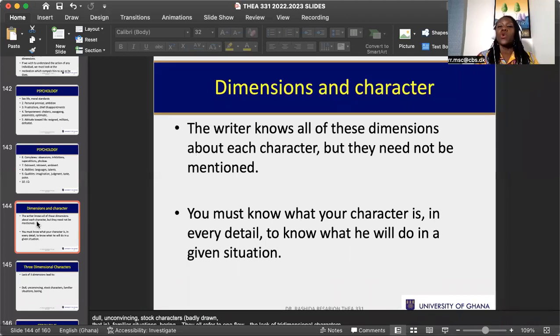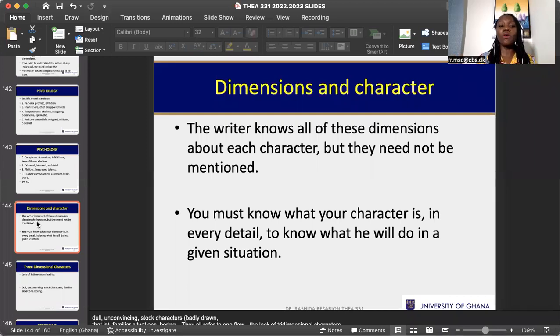Okay. And so when a writer is creating characters, he or she brings together these dimensions in order to create believable characters. You have to know the character in every detail to be able to do justice to that character in every situation.